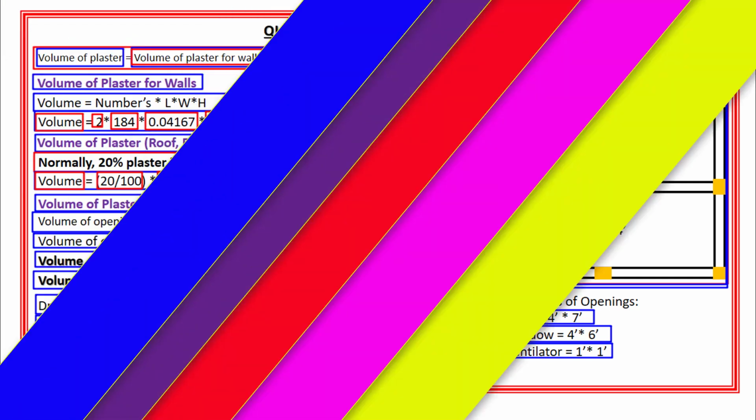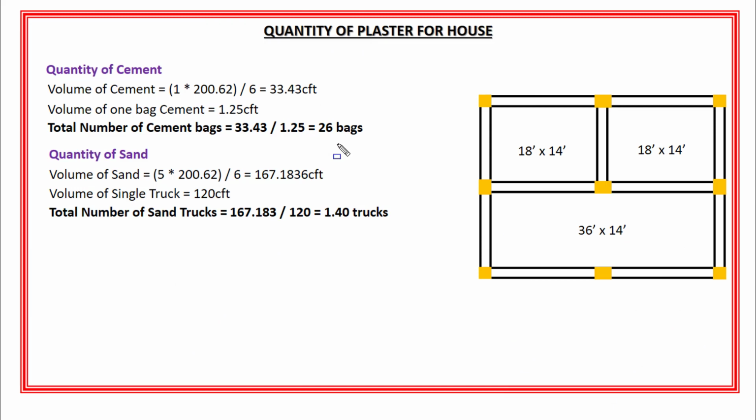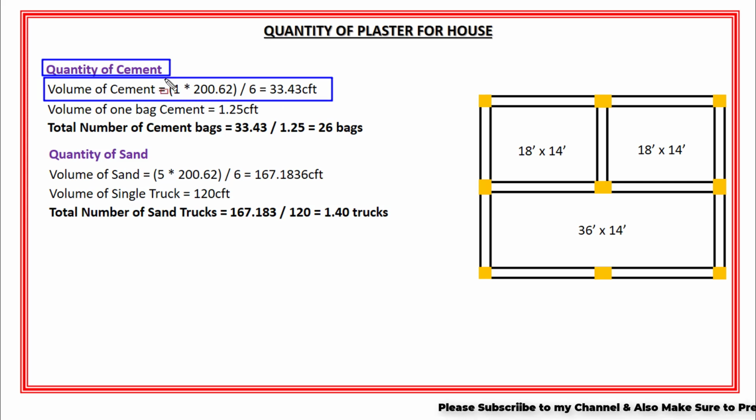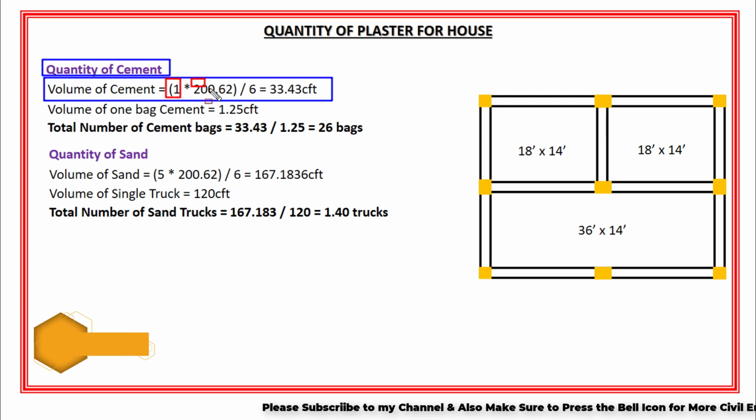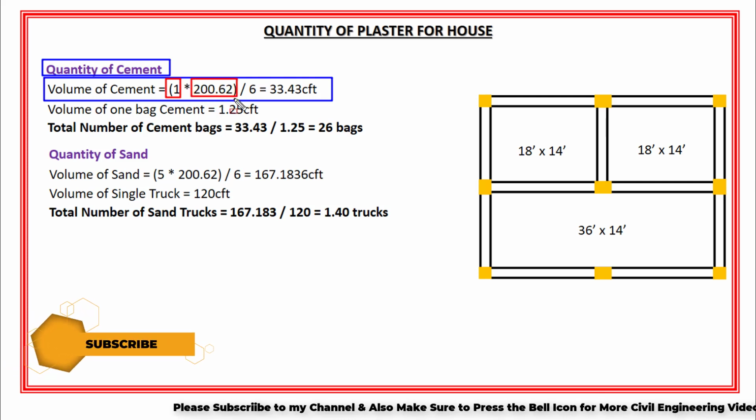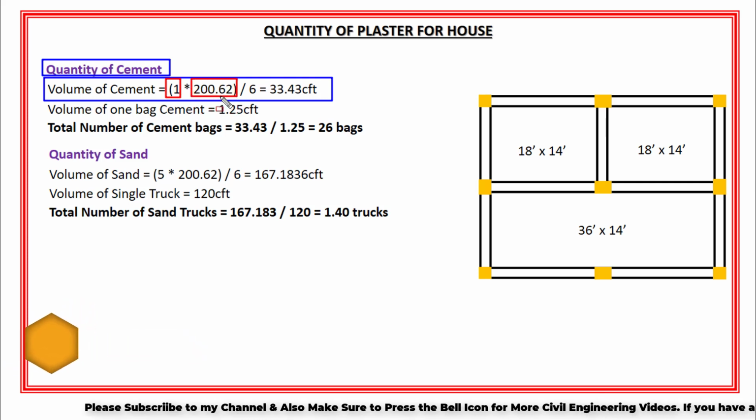Right? So now I will find out the number of cement bags and also the volume of sand using the dry volume of plaster. Okay? So first is the volume of cement. So the volume of cement is equal to 1, which is the ratio of cement in the mix ratio of plaster, multiplied by the dry volume of plaster, which is 200.62 cubic feet, divided by 6, which is the sum of ratio.